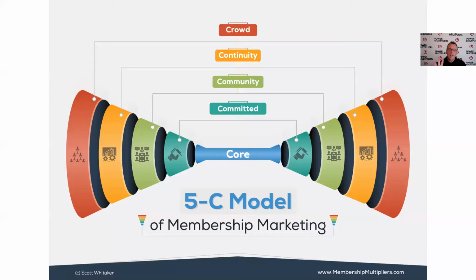So that's the 5C model of membership marketing. You can see how different this is from marketing for customers. This is not being taught out there, and I want you to have the resources that you need to be able to do marketing on this level and have a greater effectiveness in your membership as you lead your members.